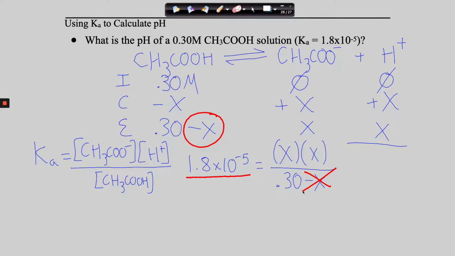We don't have to do that anymore. What we have to do is this: put an approximately equal to sign and then rewrite it.